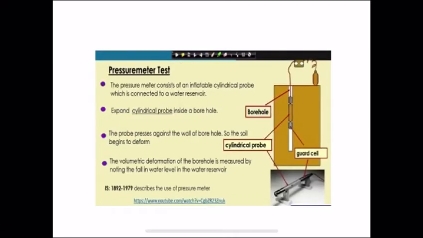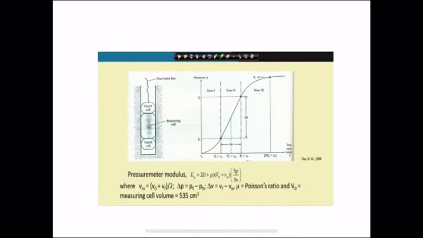Next we discussed the pressuremeter test, where a cylindrical probe is inserted into the borehole and pressure is applied. With the application of pressure, the volume of the probe or the cavity increases, and this volume increase is measured.